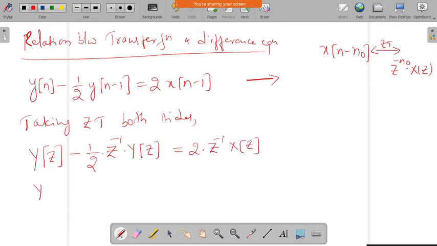So now you can take the common factor here, y of z into 1 minus half into z inverse, which is equal to 2 into z inverse into x of z.